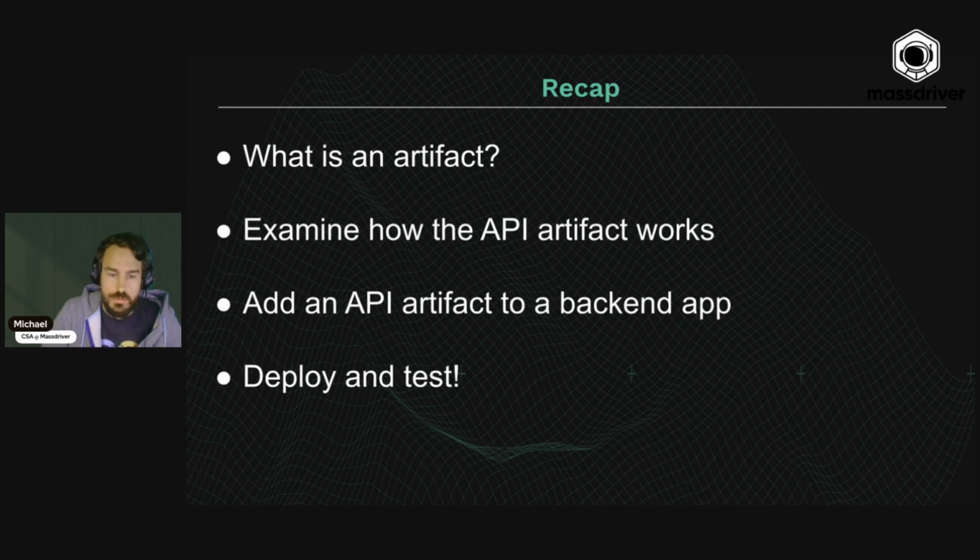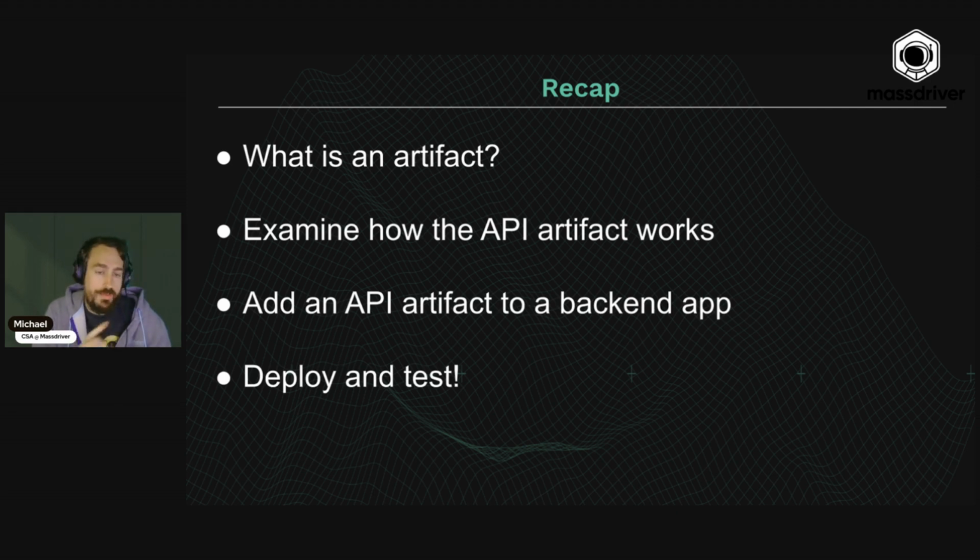Okay. So to recap what we just went through, we talked about the concept of artifacts. So what they are, a high-level overview of how they work with artifact definitions. We then dove a bit deeper into artifact definitions, mainly the API definition, and this is what we wanted to use for application.